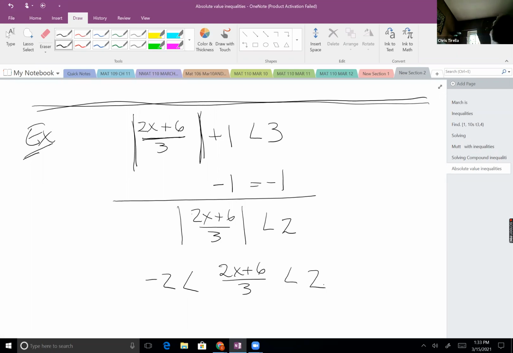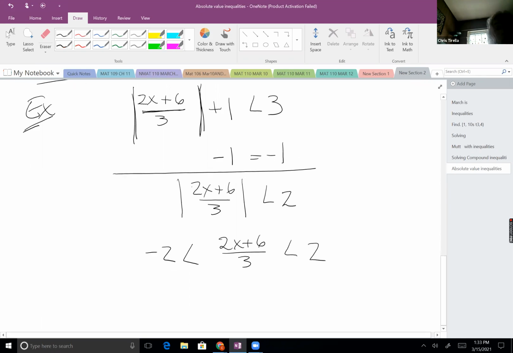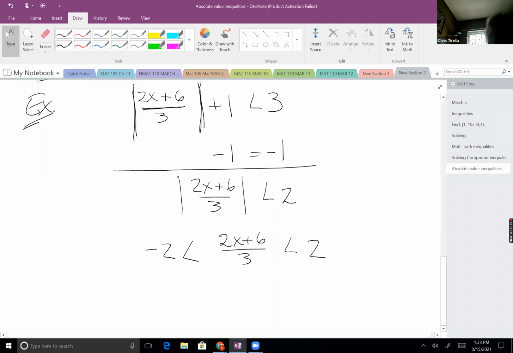Now I want to solve that. And again, I would probably try to clear the fraction first. The only denominator that I see is 3. So let's go ahead and multiply each part of that inequality by 3.